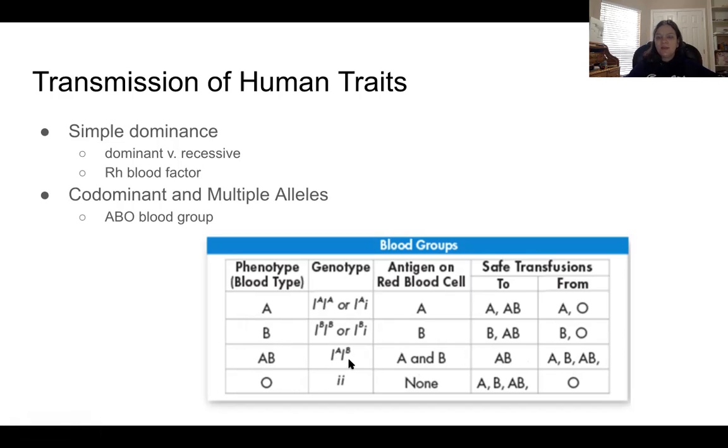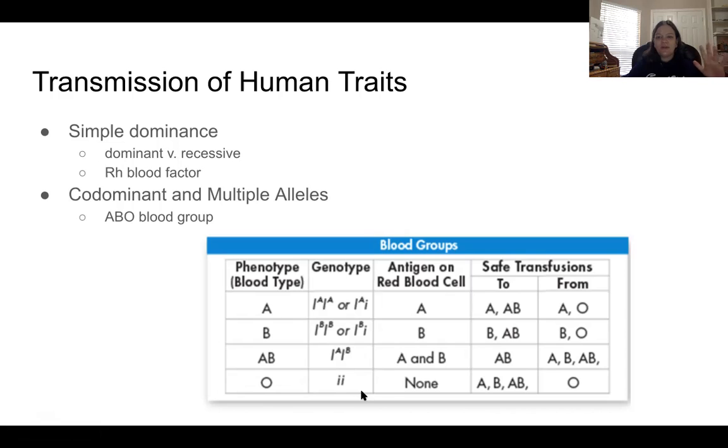Type O, the only way to be type O is to get 2 copies of the type O allele. And really, the type O allele is that you don't have any proteins. You don't have either the A or the B. You have no proteins on the surface of your body, so you attack A and B. But type O blood is actually the most common blood type, at least in the US.